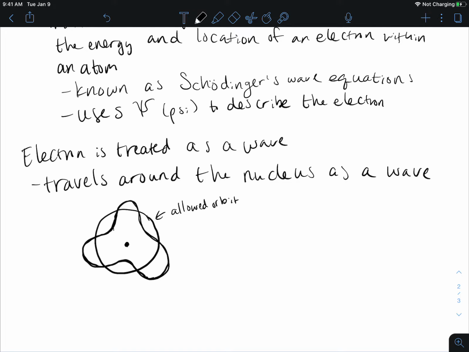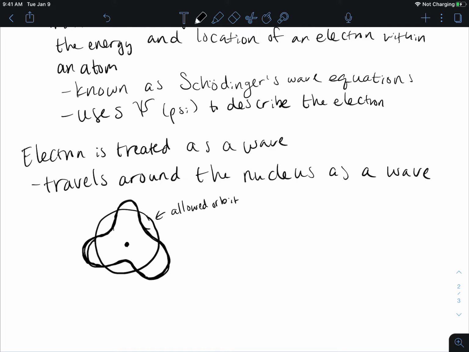So it has to have a very specific wavelength associated with it in order to not destructively interfere and cause it to spiral into the nucleus. So this actually described why the electron doesn't spiral into the nucleus and explode.